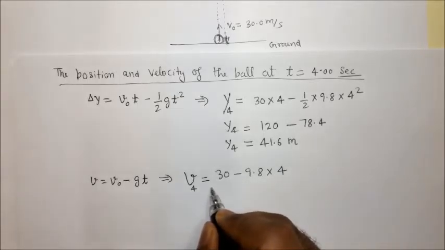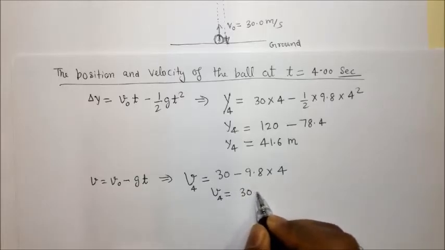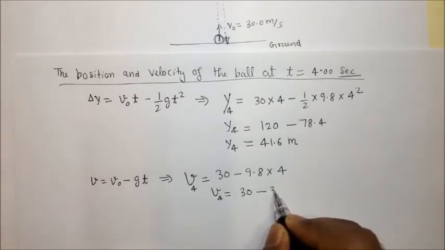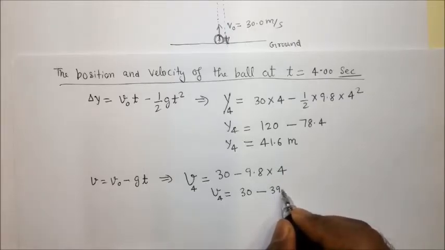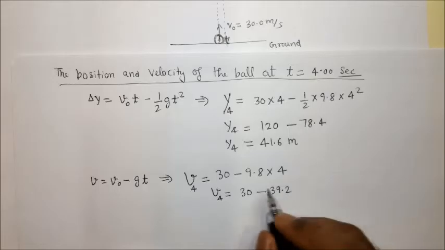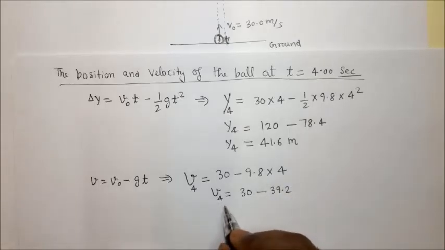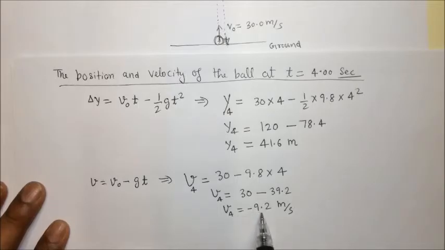So this gives you v4 is 30 minus 39.2. So this gives you v4 is minus 9.2. It is giving you minus 9.2 meters per second.